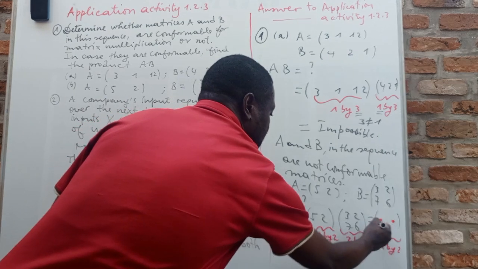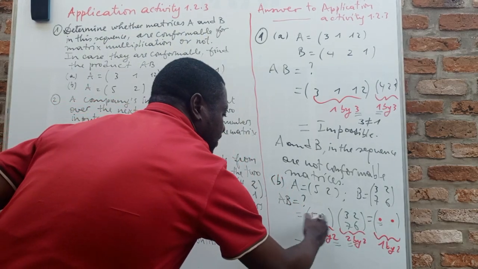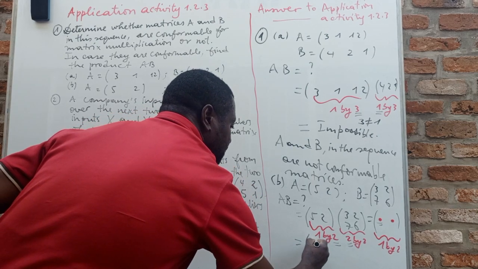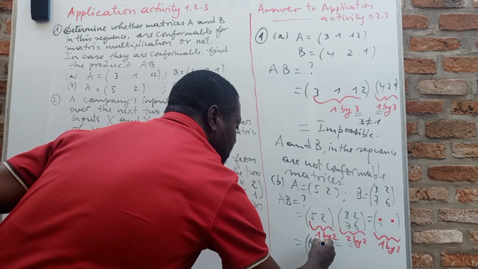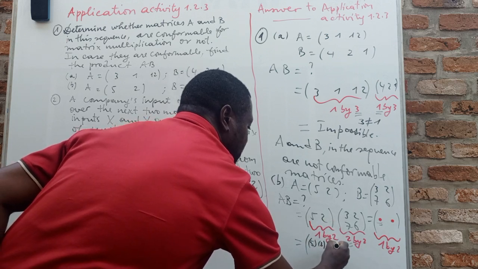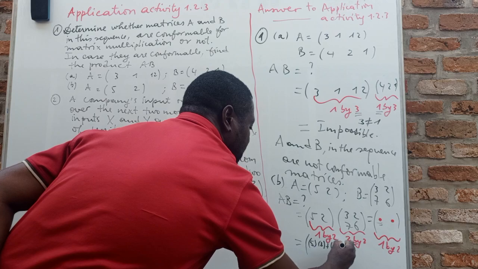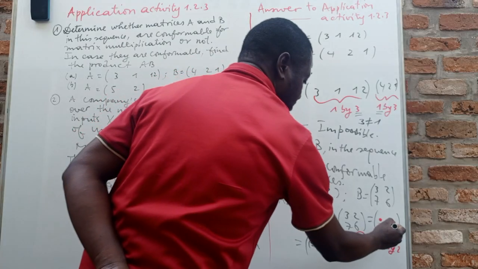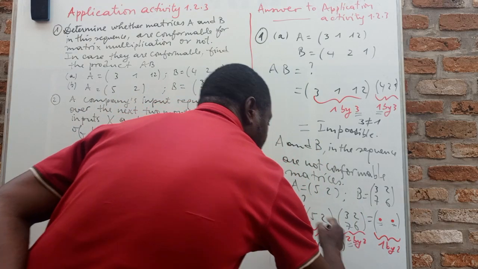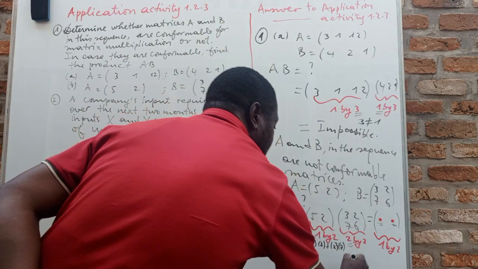The first one: take first row, first column, 5 times 3 plus 2 times 7. That is the first component. The second component in the row is this row times the second column.